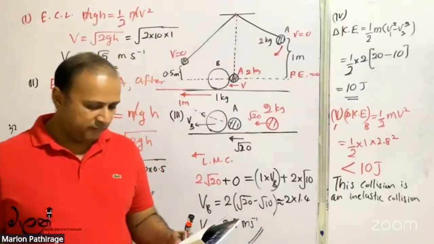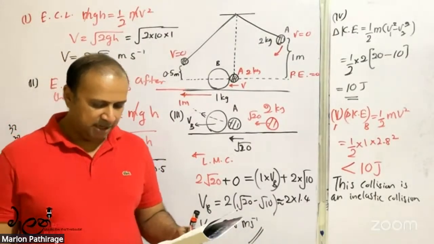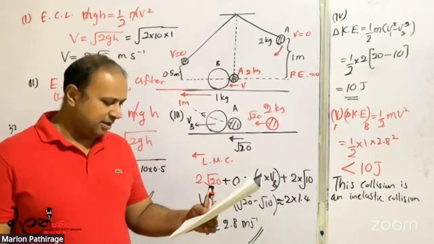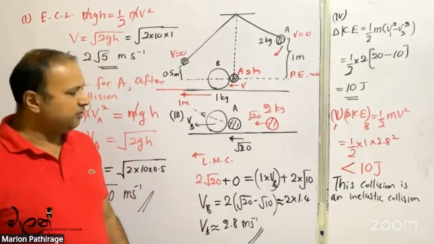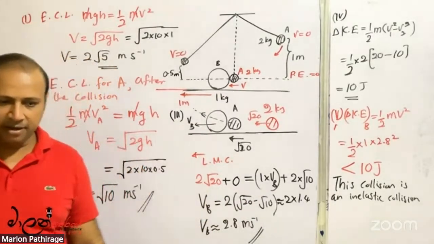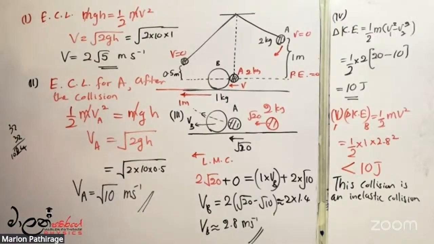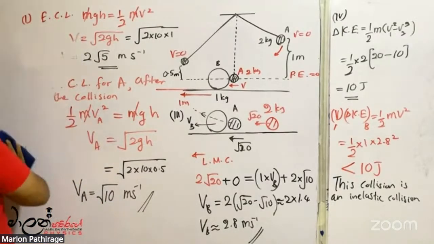Find the coefficient of dynamic friction between B and the rough surface.